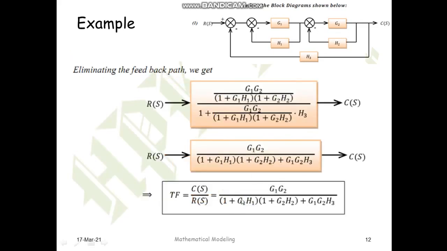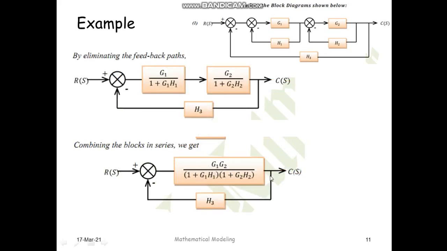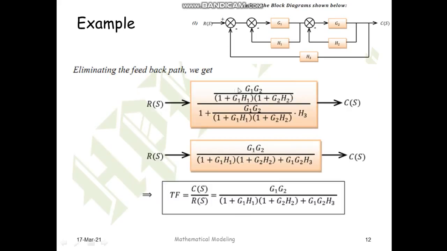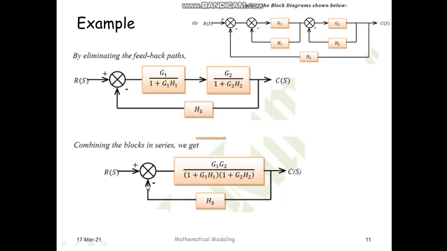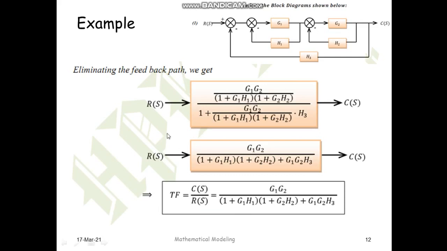If you observe it carefully, you can get this particular transformation. As I already said, this transfer function is taken in the numerator, which we have written here, divided by 1 plus, because here the sign of H3 is negative, which is negative feedback.